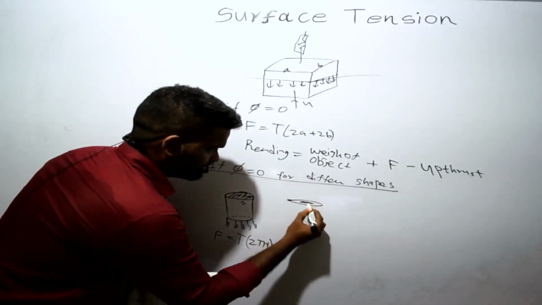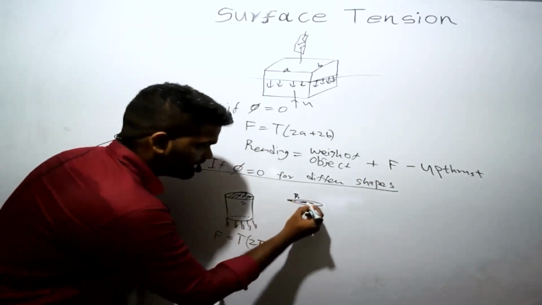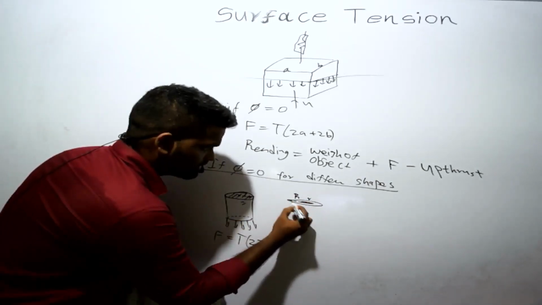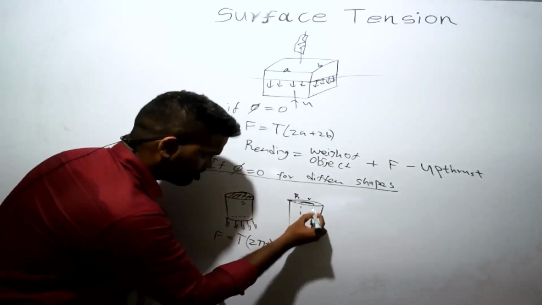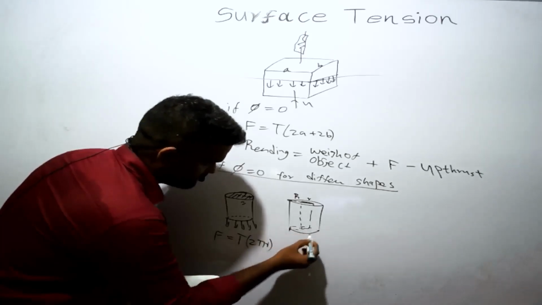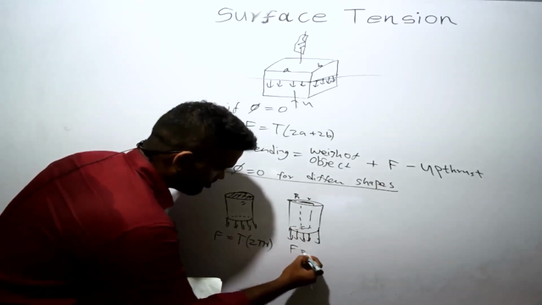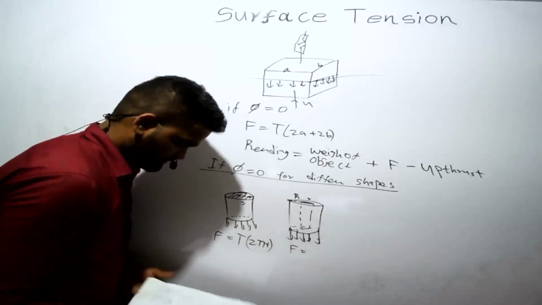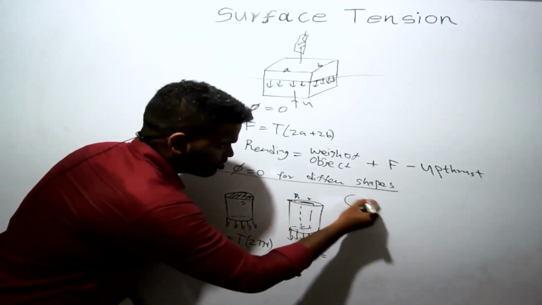Then let's take a cylinder with external radius capital R and internal radius small r. So how do we write it? Surface tension forces are downwards. At the bottom it is like this.